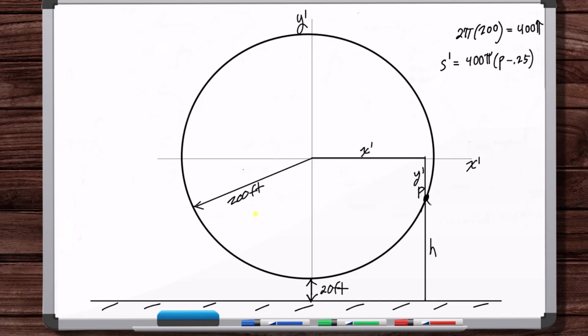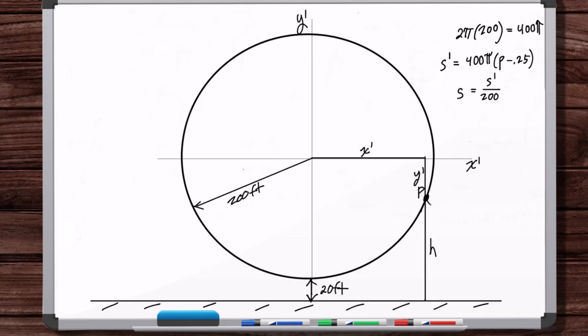So we've effectively converted that arc length into an arc length that corresponds to the arc length on a unit circle, which is what we need. So s is going to be s prime divided by 200. Okay, so now we start with p and we can get all the way to s.